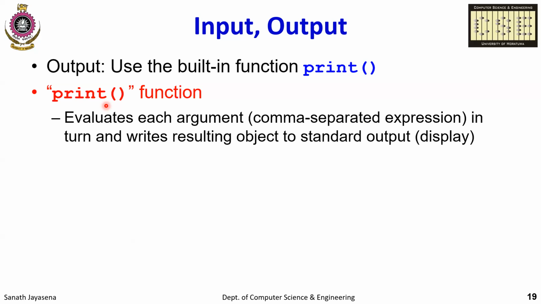If you have a list of things, you can give a comma separated list of arguments, and each argument will get evaluated, resulting in an object.